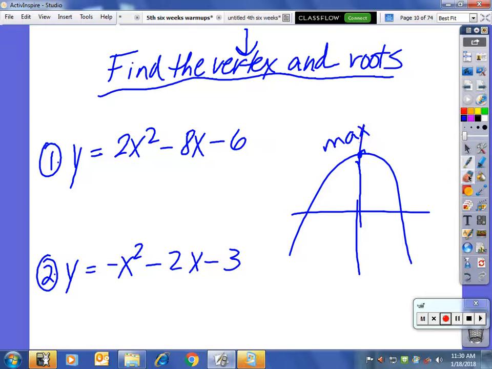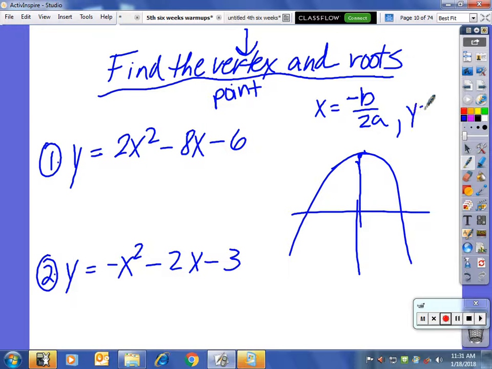Now, how you find the vertex, no matter what kind of vertex you're looking at, the way we have learned so far is a combination of your brain and your calculator. First of all, the vertex is a point, and a point is an x number and a y number. The way we learn to find vertex is you find the x value with your brain and your pencil and paper by doing the opposite of b over 2a.